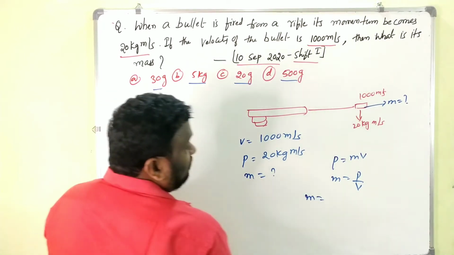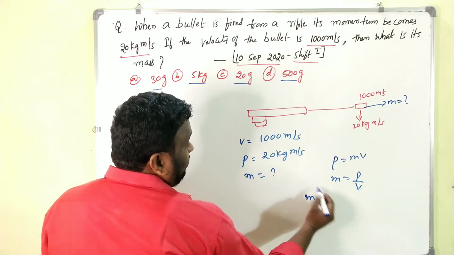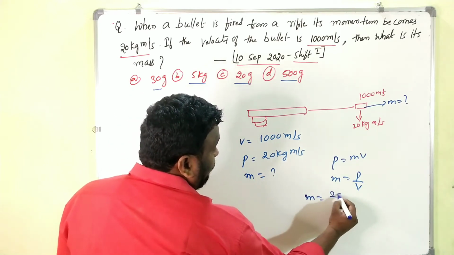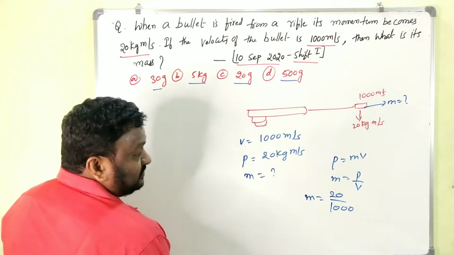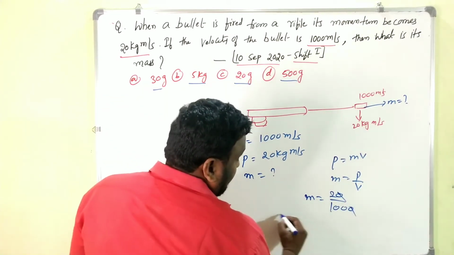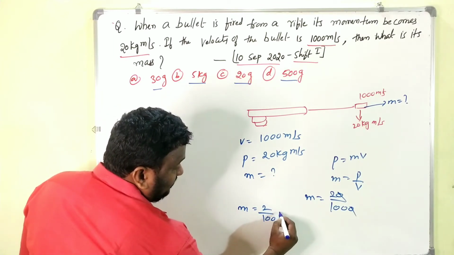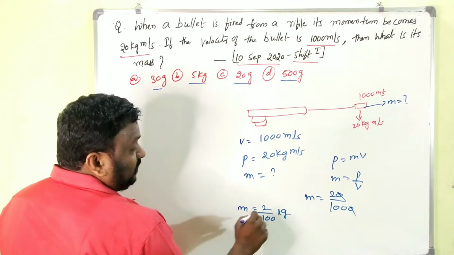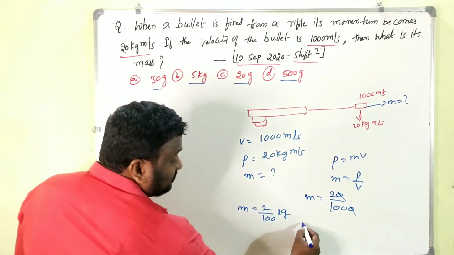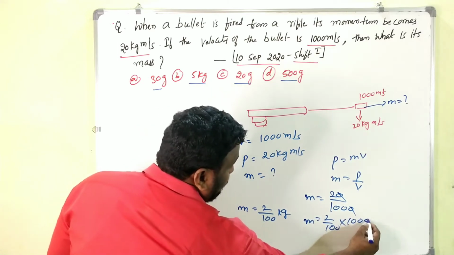So what is the momentum? 20 by 1000. We get m is equal to 2 by 100 kg. Now we want to convert it into grams, so m is equal to 2 by 100 into 1000 grams.